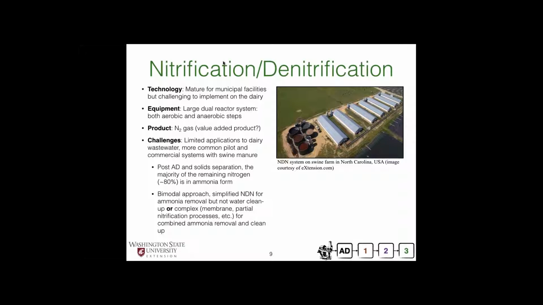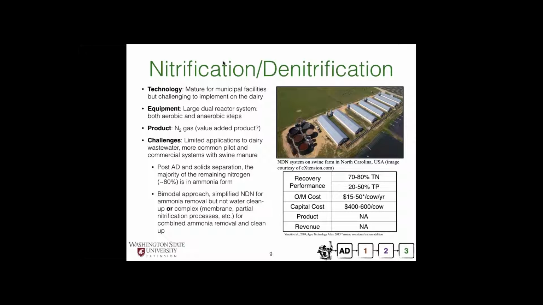Although in a much better form than ammonia, the question is, is there something else we could do with that nitrogen? The other part of the challenge is the very last bullet point there, being that this is really one of the reasons there's a branch between nutrient recovery and clean water, because there can be some challenges related to moving beyond this step and trying to get treated water out of the system.